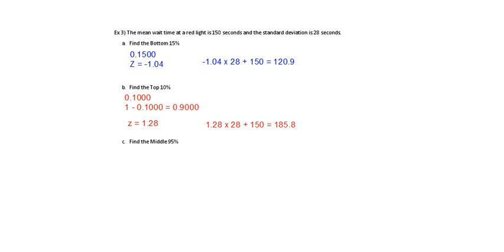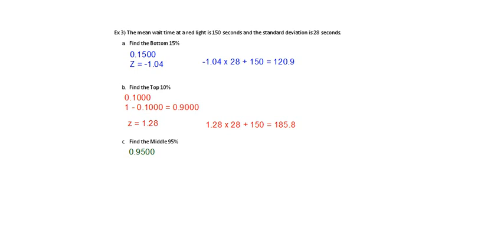Good. Well, next is the middle 95%. Well, for starters, 95% is the same as saying 0.9500. But when you do middle, that means we have to subtract from 1, then divide by 2.